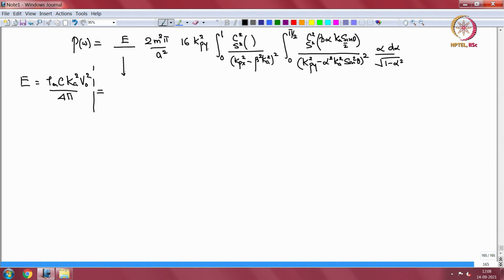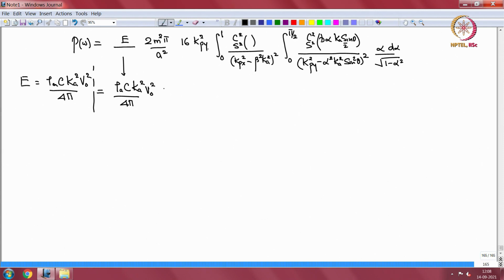E comes in down here, rho a c k a square by 4 pi v 0 squared.